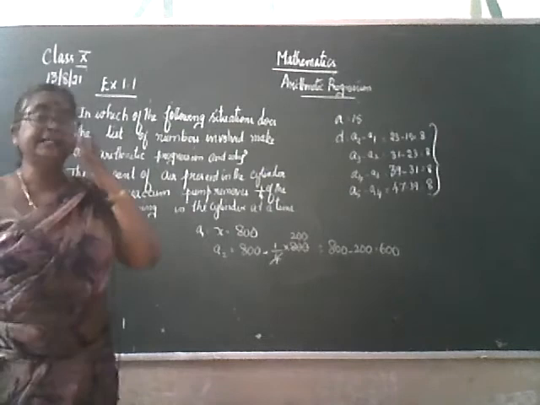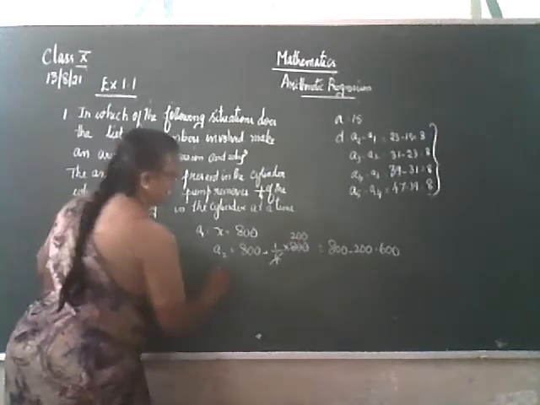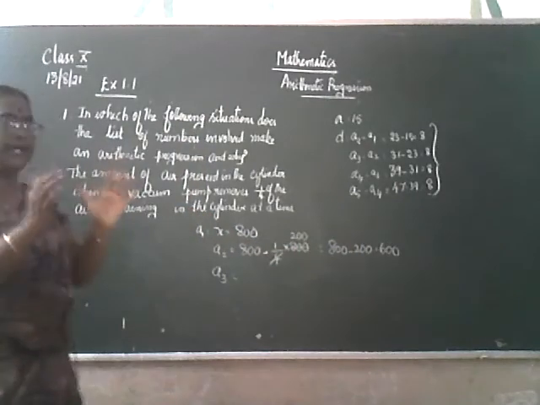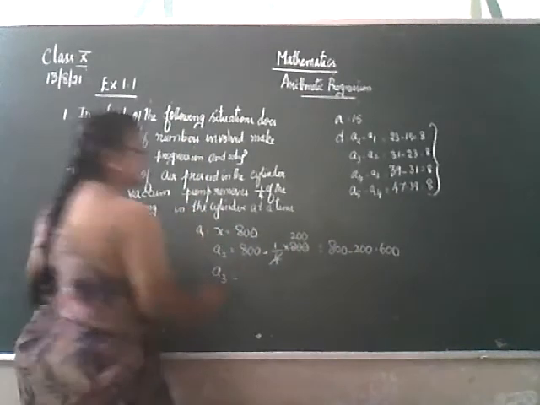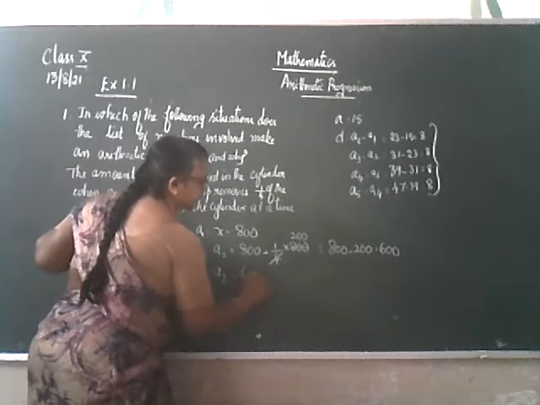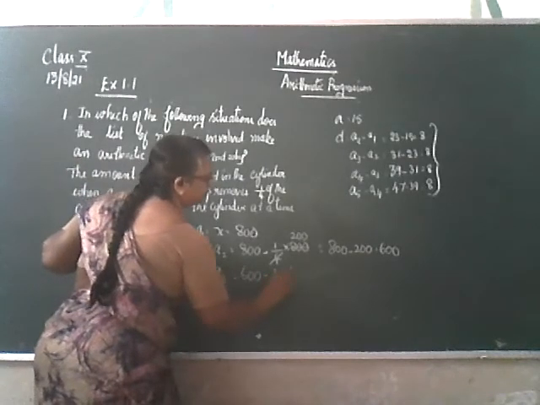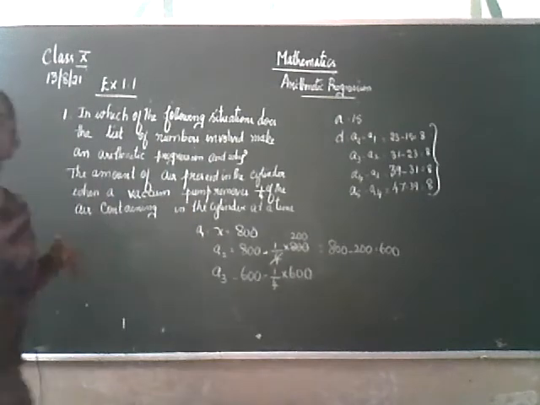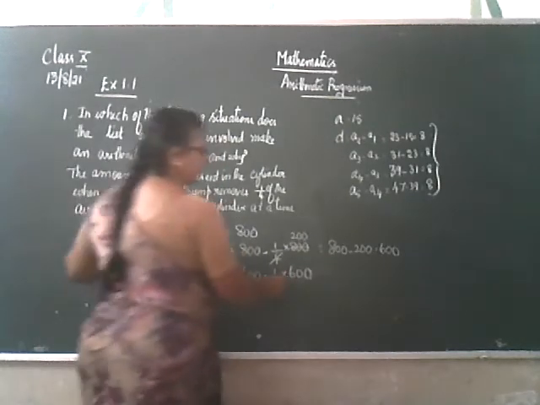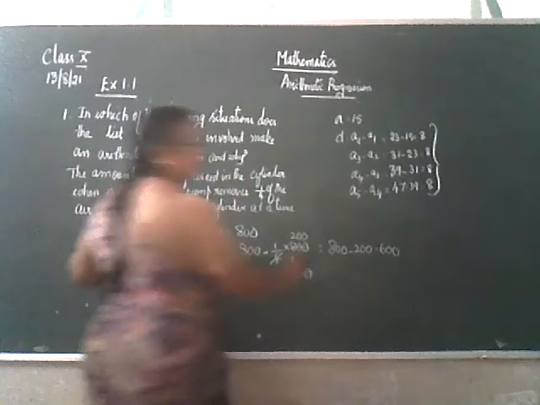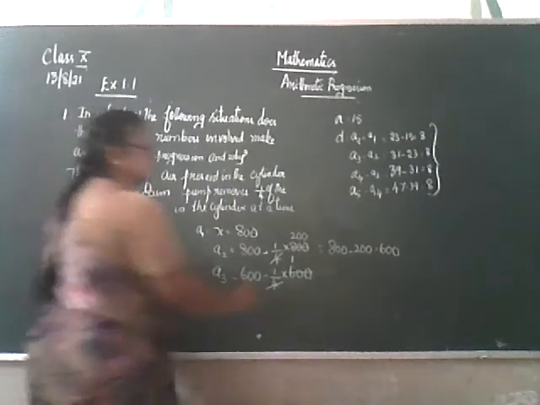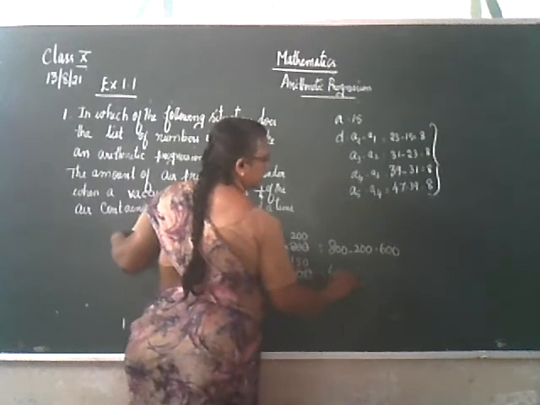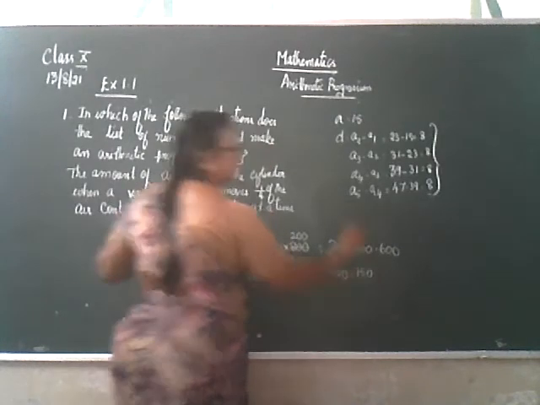Okay. In the third time, I should consider the amount of air present in that, so that is 600. In that again 1/4 of 600. So 4 1s are 4, 4 5s are 20, so 600 minus 150. So it goes on like that.